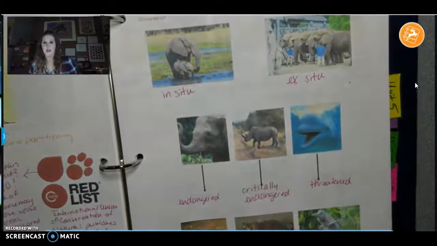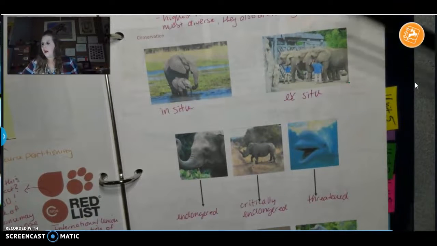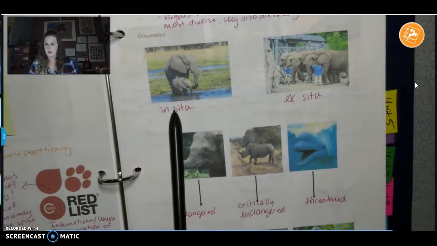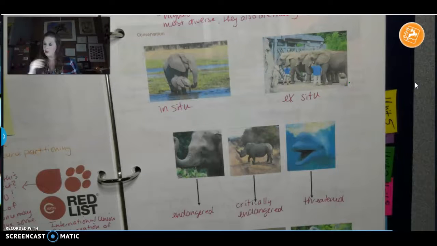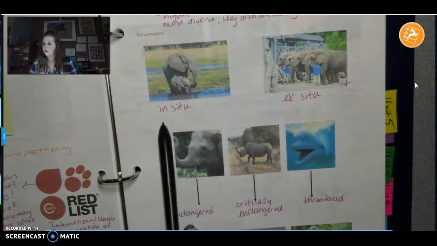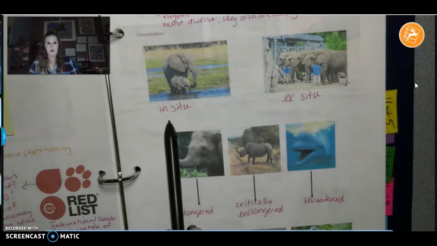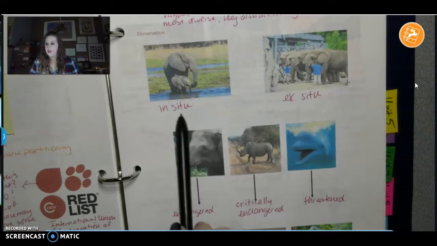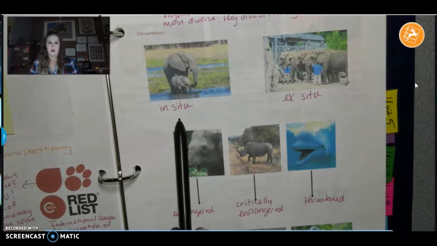Okay? All right, now, when we look at how do we engage in conservation, how do we protect these organisms, and I'm going to use elephants as an example. We have in situ conservation. So this is keeping, and y'all make sure you write this down because I didn't write it down here, this is keeping the organism in its natural habitat.